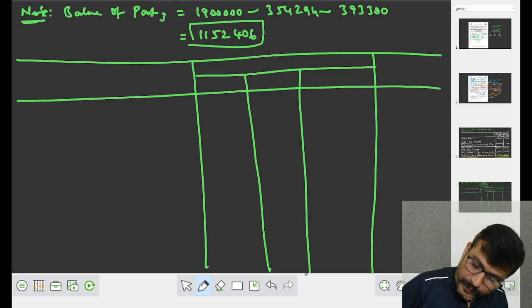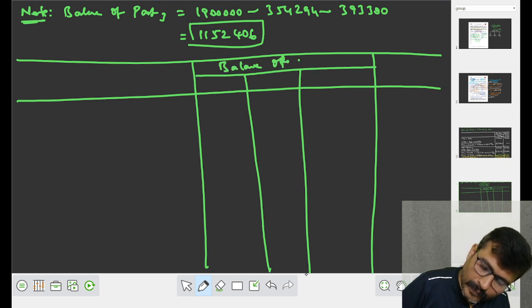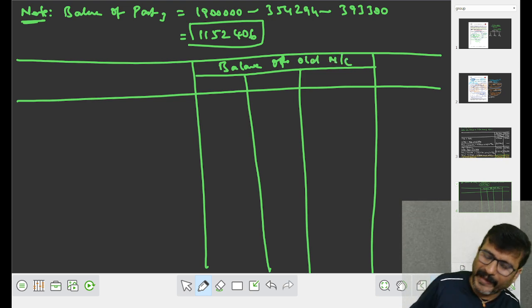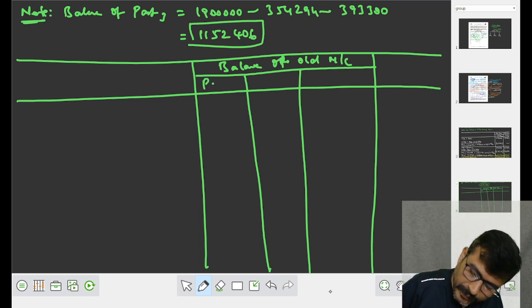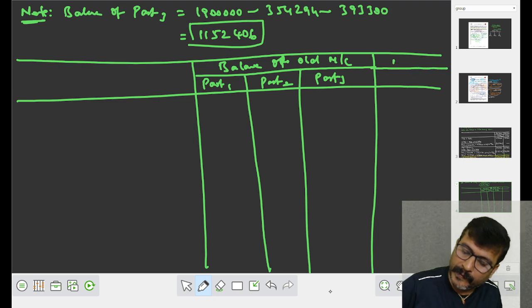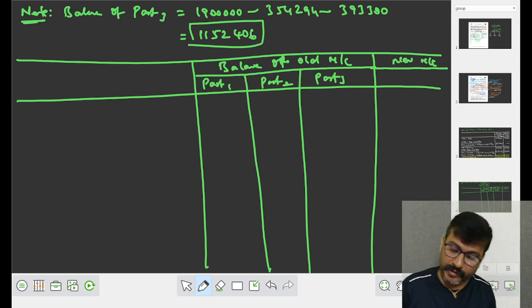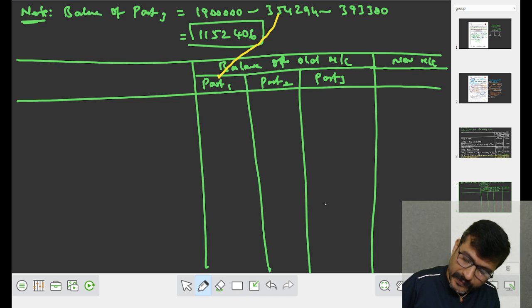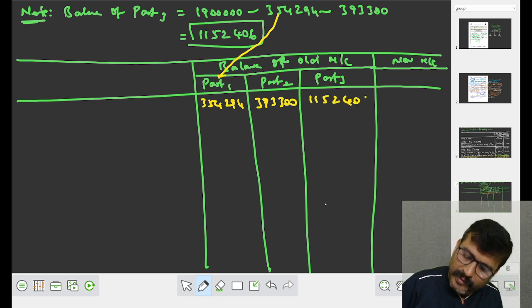Now, balance of old machine: part 1, part 2, part 3. Here new machine. What is a part 1 balance? See, this is a part 1 balance, 3,54,294. Part 2 balance 3,93,300. Part 3 balance 11,52,406.